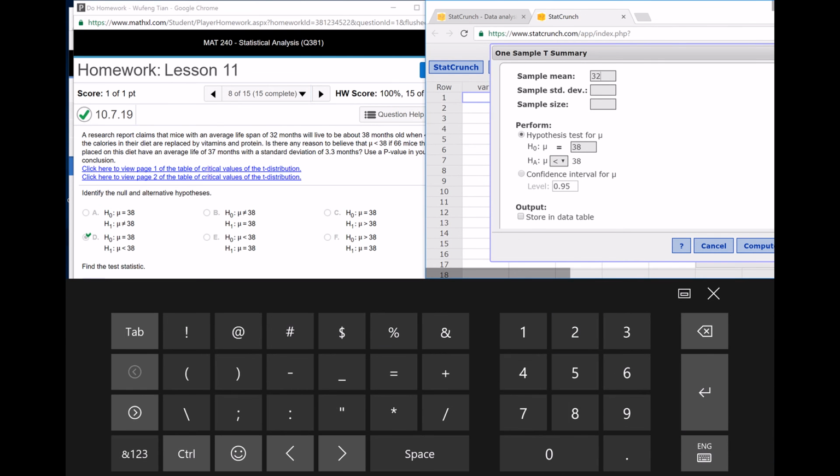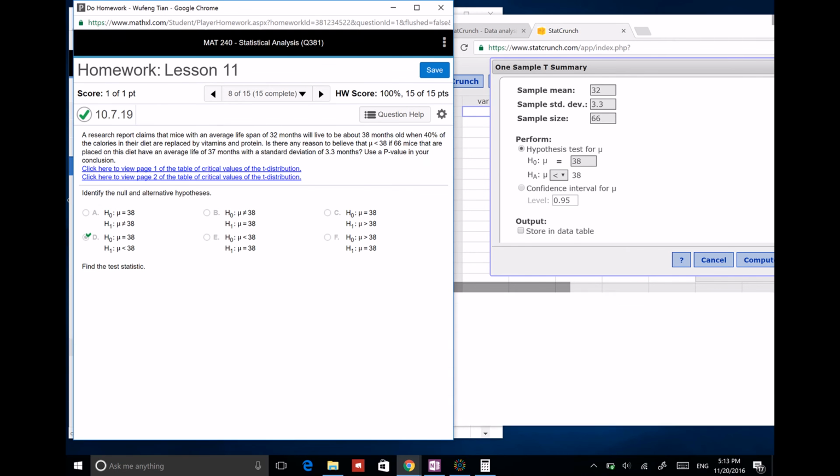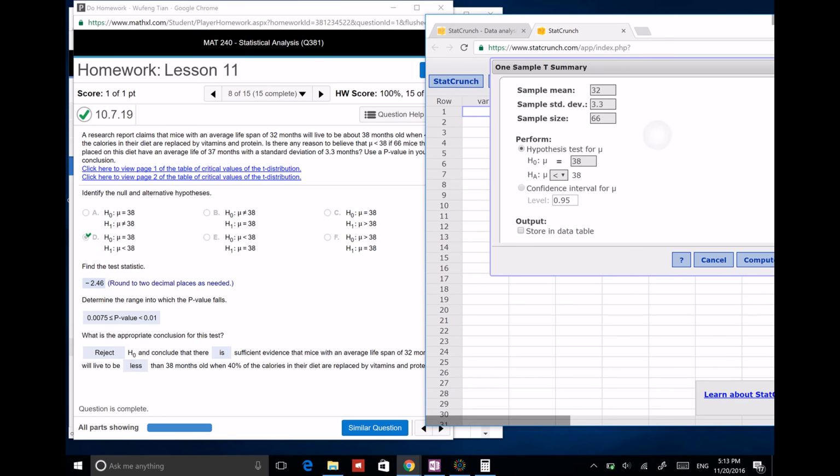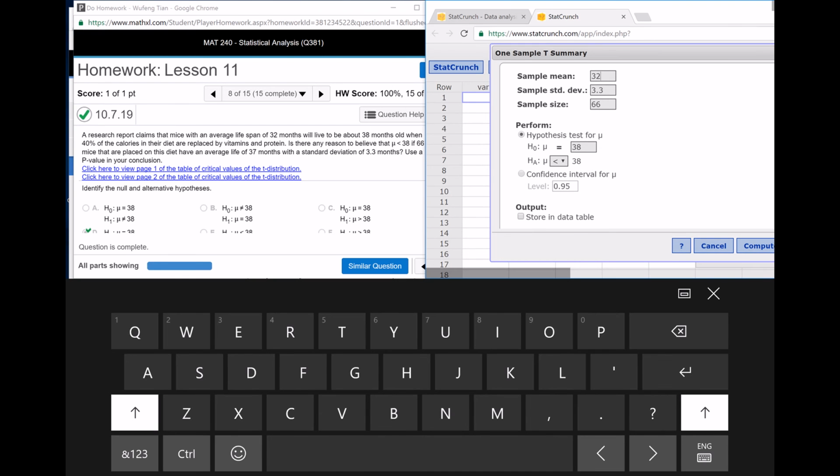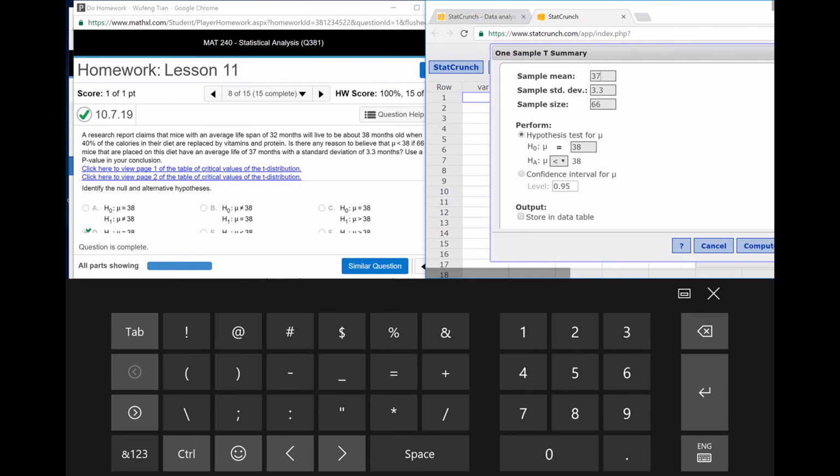Standard deviation, sample size 66. I believe this is not 32; the sample mean value is 37. So I have to change this into 37, standard deviation 3.366, mu equal 38, less than 38.